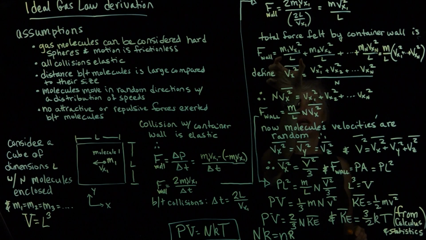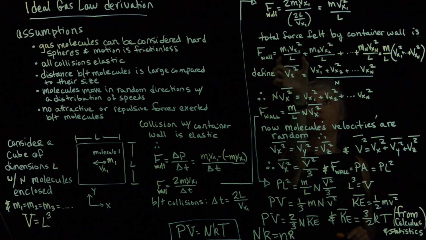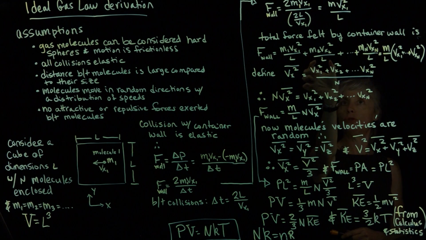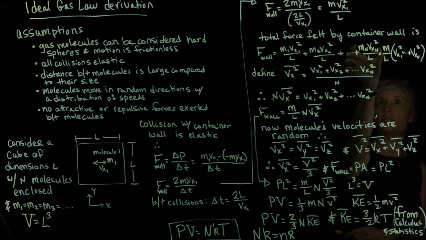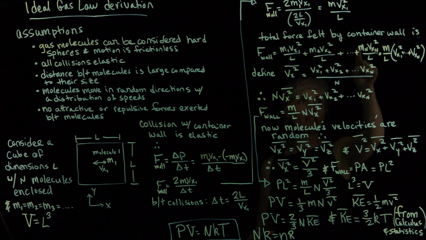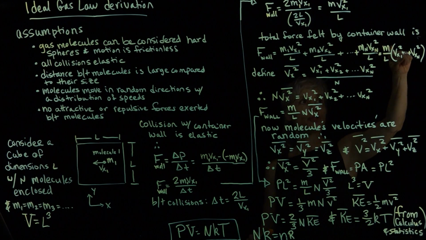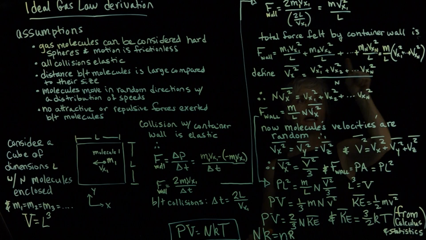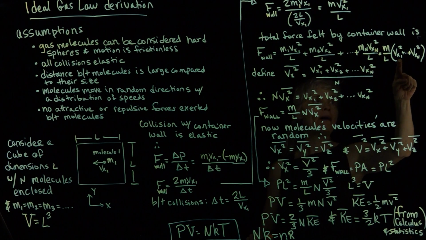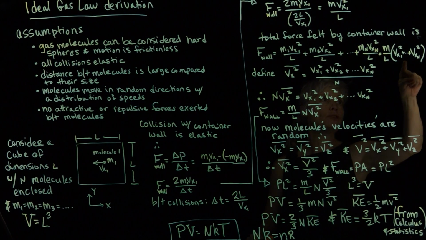Here's the change in momentum for molecule 1 divided by L, for molecule 2 divided by L, et cetera, all the way up to the Nth molecule divided by L. Notice that since the masses are all the same, I'm just going to write that as m, and I'm factoring out the L that is also common. So the m is common and the L is common, and what I have then is just the sum of the squares of the speeds.